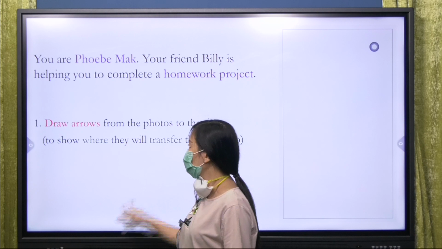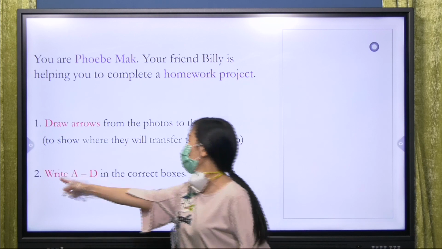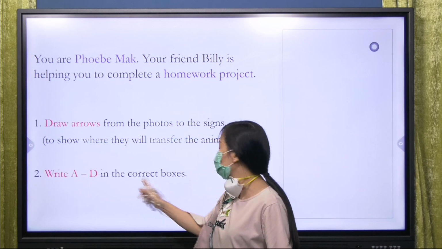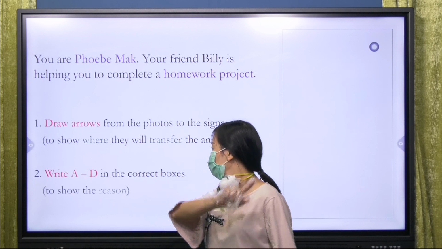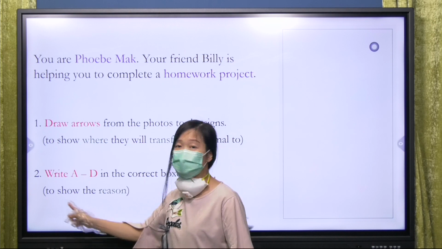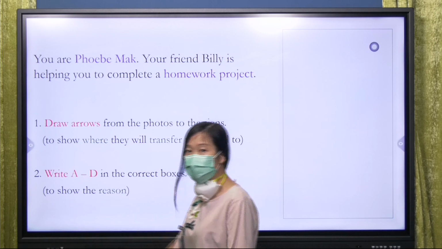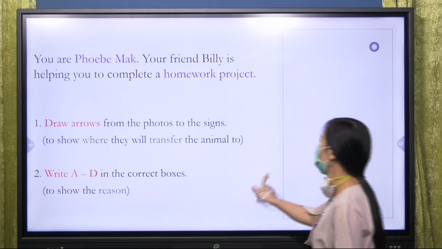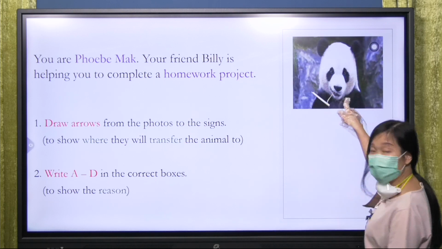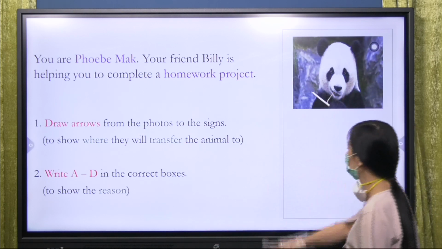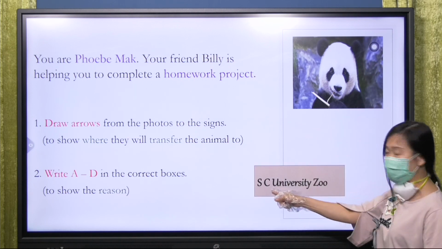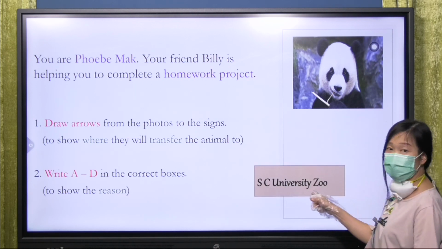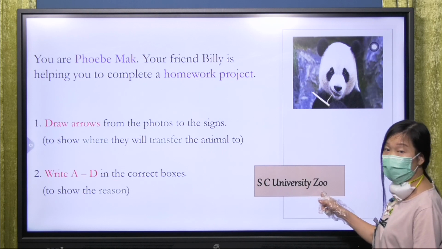And number 2, what you need to do, write A to D in the correct boxes. Write A to D in the correct boxes. Why? Because to show the reason. So let me give you a very quick example. Photo of a panda, and this is the sign of the SC University Zoo, a place for animals.